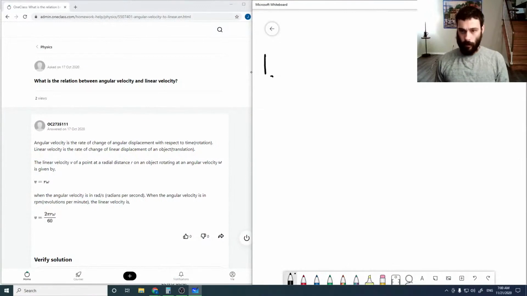I'm going to test how well I can draw a circle here, but this would be referring to circular motion.